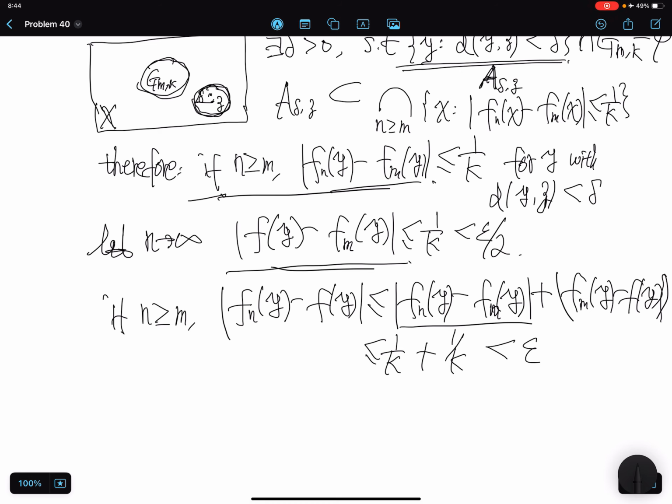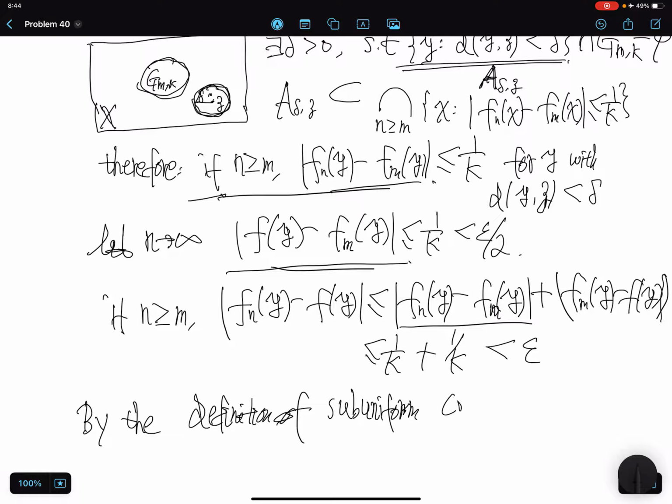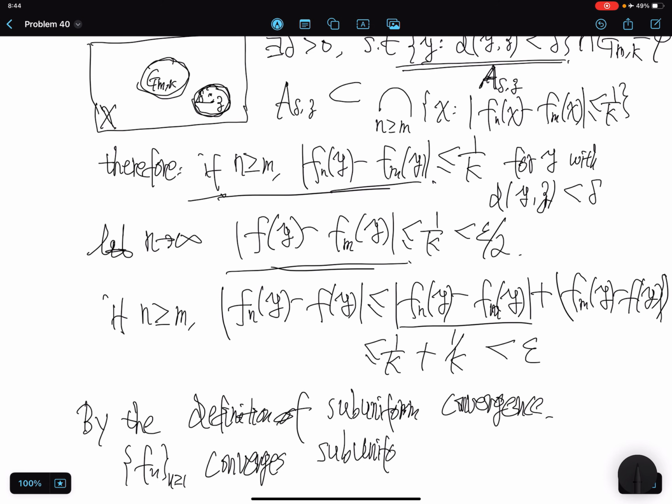So if we go back to the definition of uniform convergence, this sequence f_n converges uniformly at z, right?